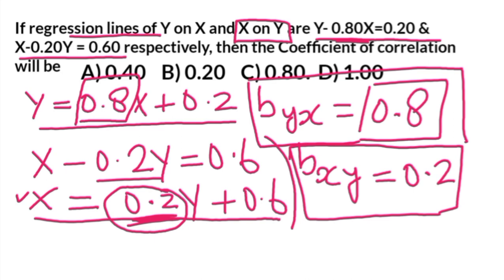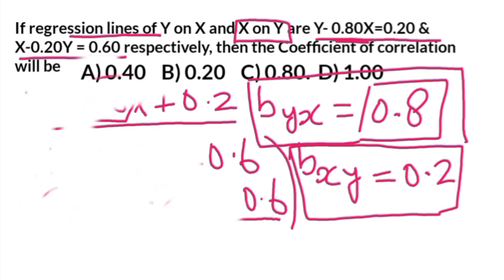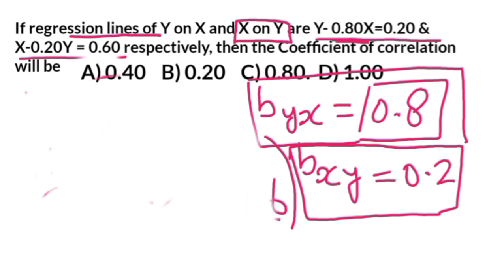Now I will rub this part. The formula for calculating the correlation coefficient is simply the square root of the product of the slopes of the regression lines.